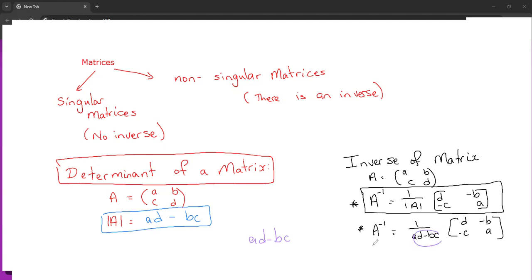What happens if this, which is the determinant, is equal to 0? If the determinant is equal to 0, there is no inverse.